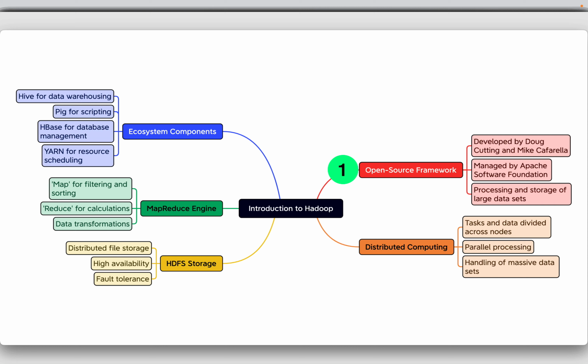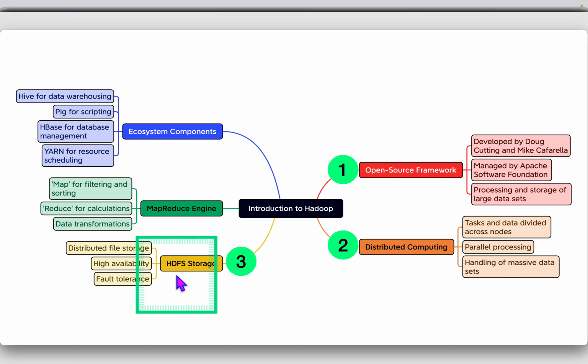Its primary goal is to facilitate the processing and storage of large data sets. Distributed computing. Hadoop enables distributed computing by dividing tasks and data across multiple computers known as nodes, and this parallel processing increases efficiency and allows for handling of massive data sets.